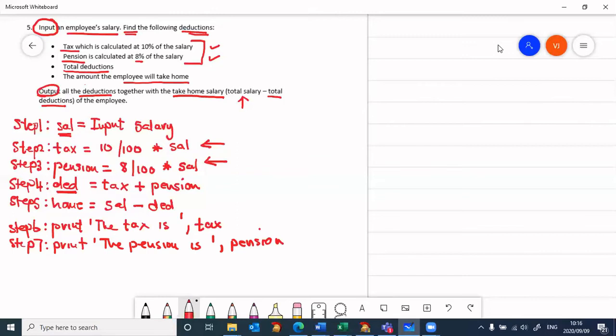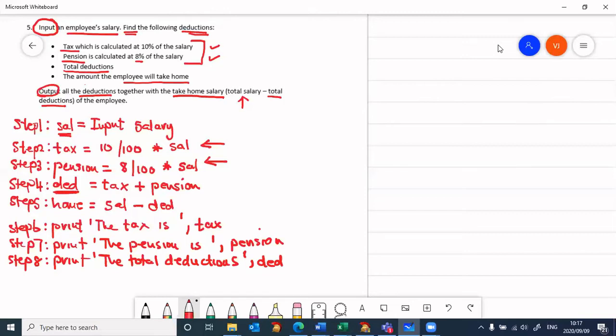Then I can print the total deductions. Step 8, print the total deductions. And that is stored in a placeholder called DED. There it is here.